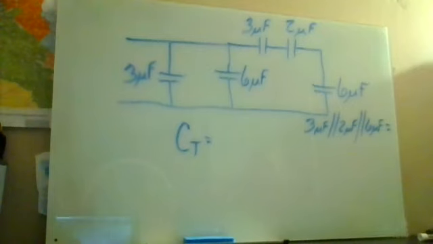I punch that in my calc. Three exponent negative 6 shift reciprocal plus 2 exponent negative 6 shift reciprocal plus 6 exponent negative 6 shift reciprocal equals shift reciprocal equals.